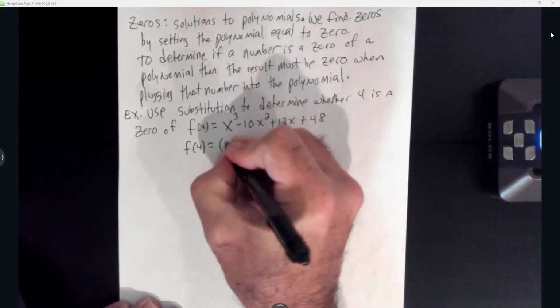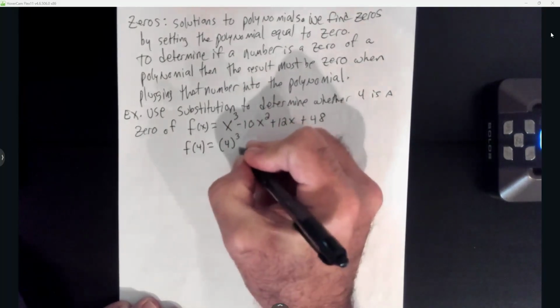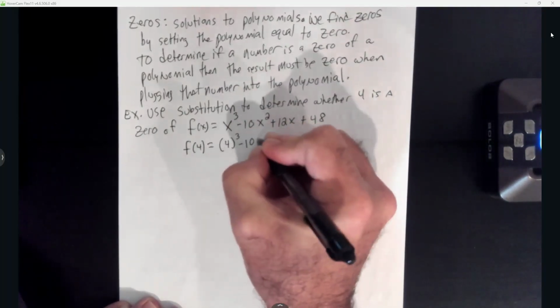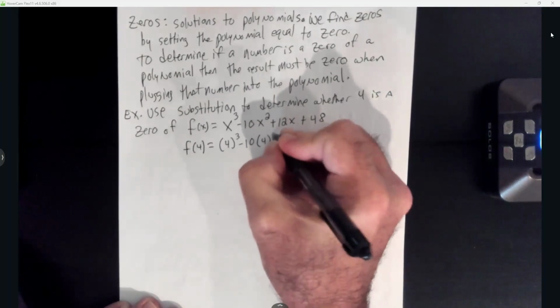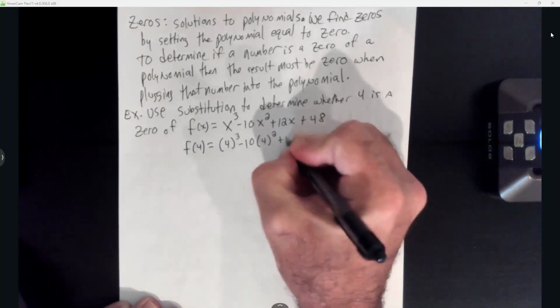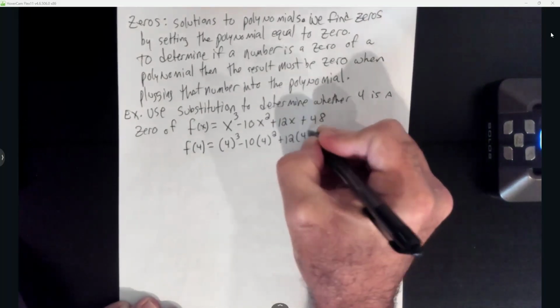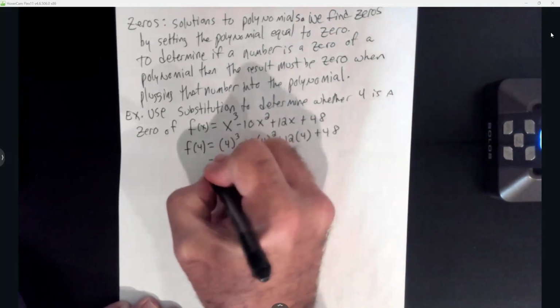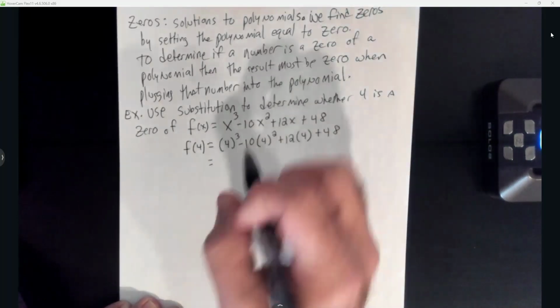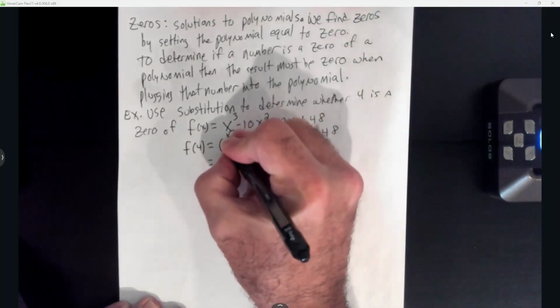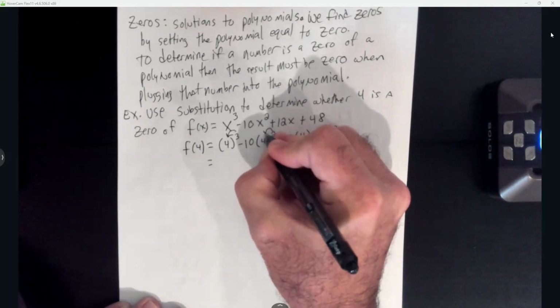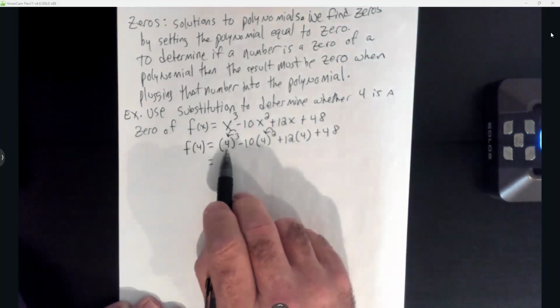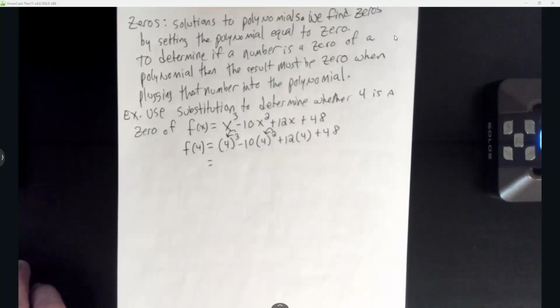That's going to equal 4 cubed minus 10 times 4 squared plus 12 times 4 plus 48. So y'all, the first thing I'm going to do is the exponents. I have that exponent and that exponent. So 4 times 4 times 4 is going to give us 64.